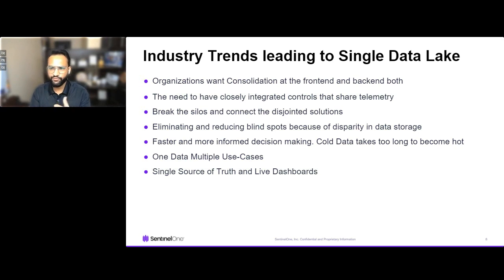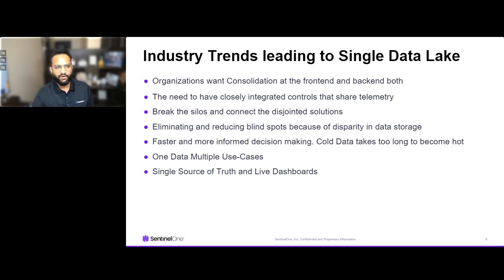It is always going to be fragmented. That's the reason it's very important that we understand how to go about a realistic consolidation, rather than trying to achieve a very difficult goal of consolidating into one single vendor, which is definitely not possible.